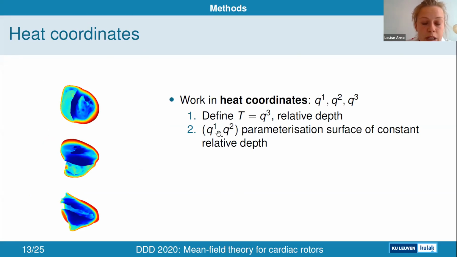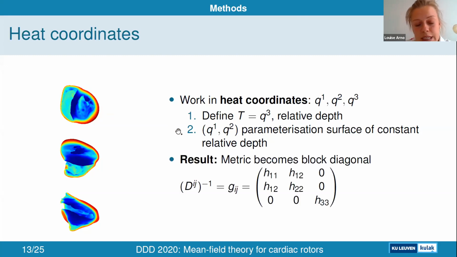When we look at Q1 and Q2, they parameterize the surfaces of constant relative depth, meaning the surfaces of constant color. Now, why do we do this? Well, when we put these heat coordinates into the diffusion tensor, we see that it becomes a block diagonal form, and this will make the calculations in the second step easier.